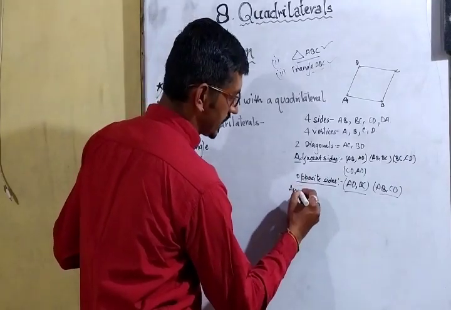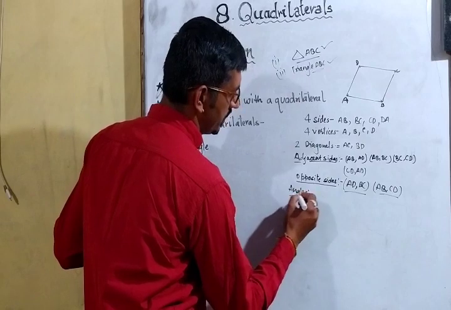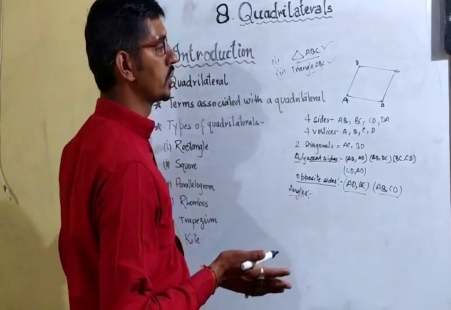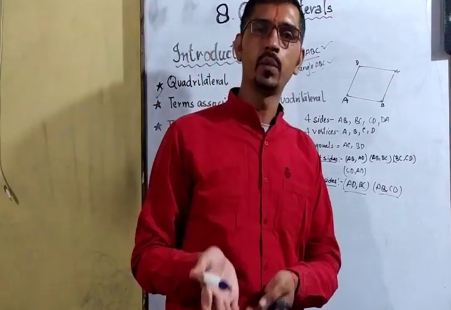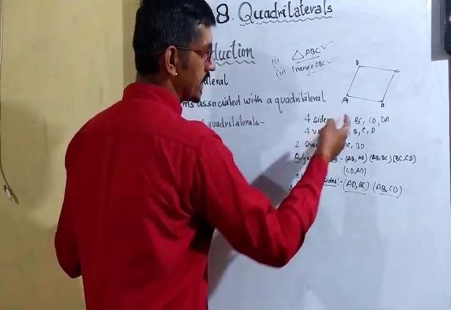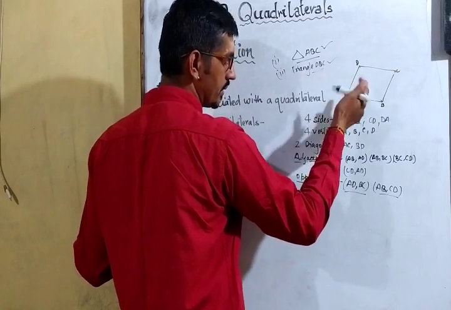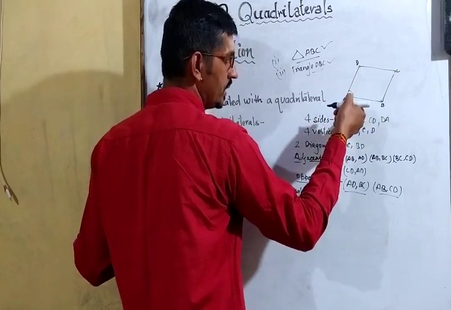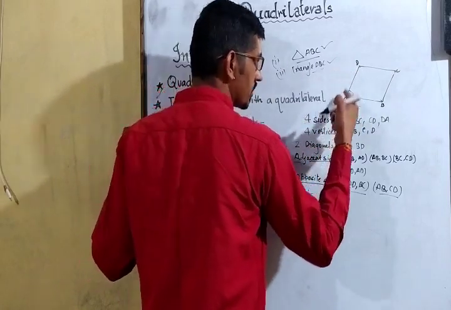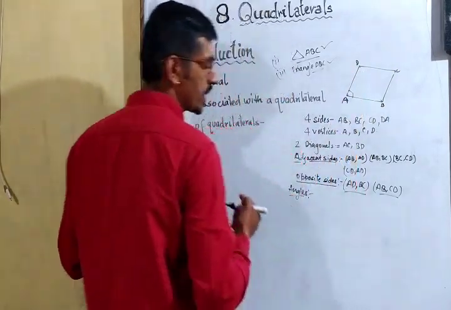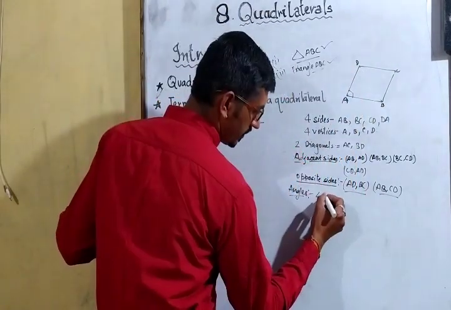Now how many angles are there? Now we know what is angle. Angle: where two lines meet at a common vertex, it is known as angle. Here you can see AB is there and this line is there, and they are meeting at a common point, that is A. So DAB is an angle.